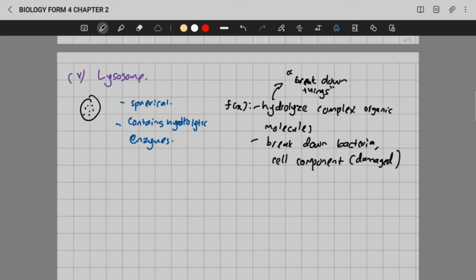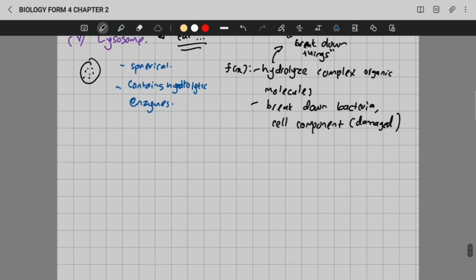And you will learn more about how lysosomes are used as a way for smaller creatures to eat. You will learn this later, how the paramecium eats, how the amoeba eats, is also a vital part of lysosome function.